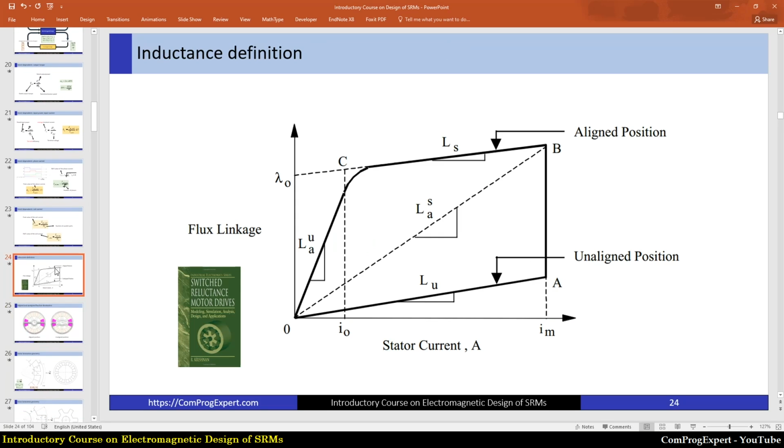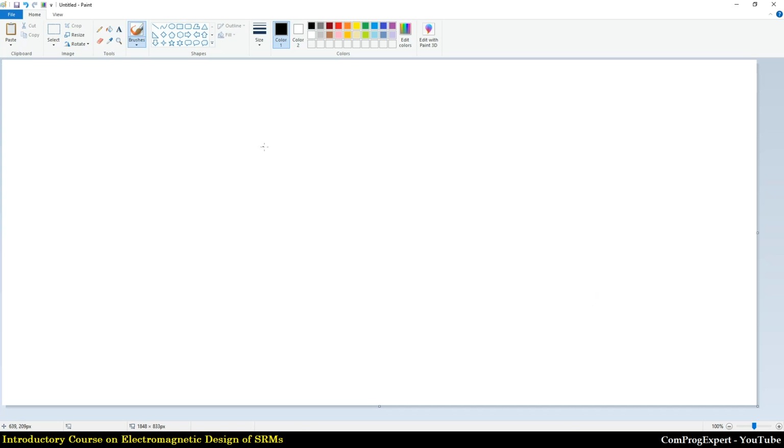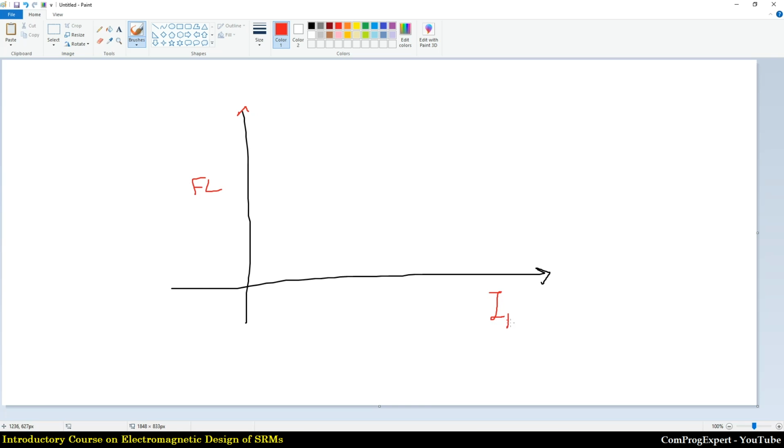But let's discuss the physical concept behind these two curves. Here we have flux linkage, we have the phase current.